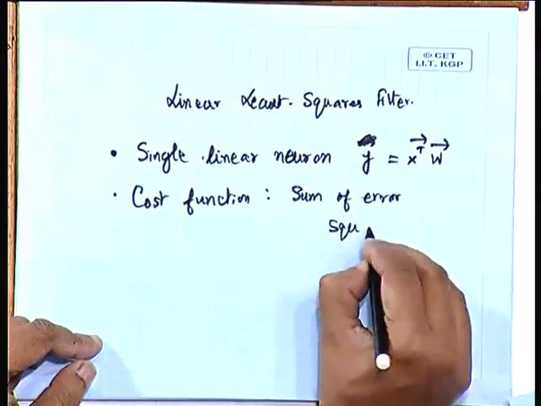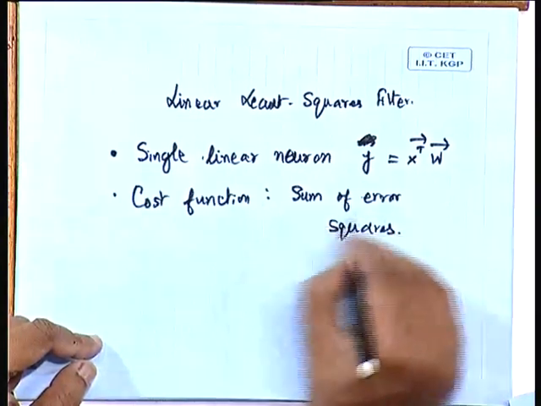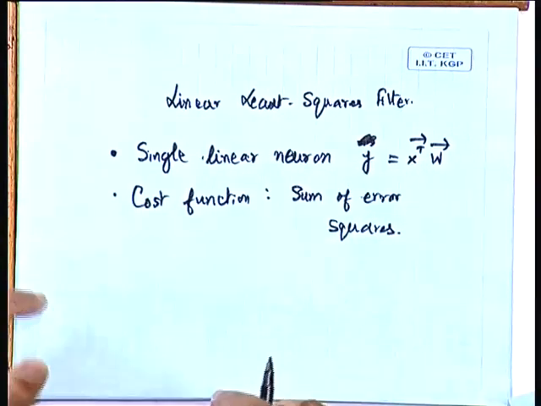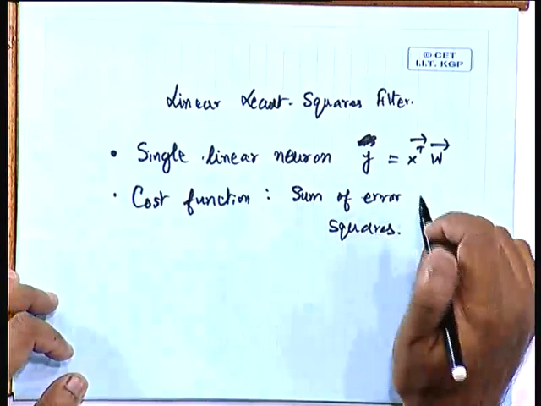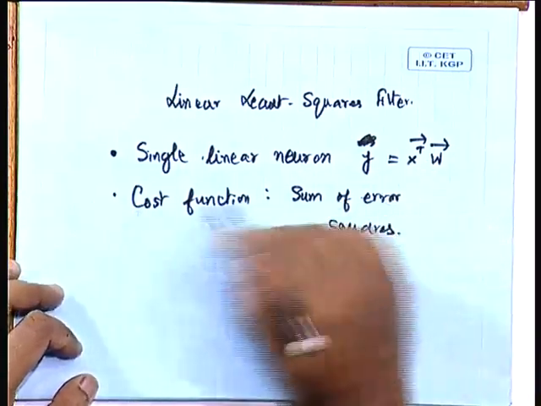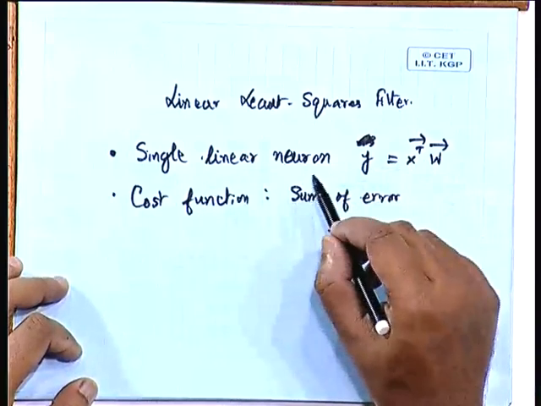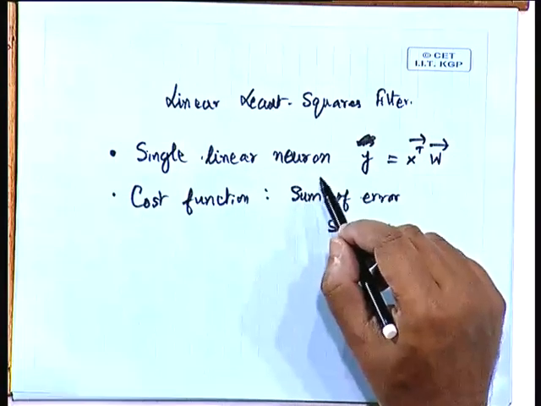Now, we have already taken the sum of error squares in our Gauss-Newton approach discussion, but we did not use any single linear neuron there, because we were only considering the cost function optimization approach. Earlier our emphasis was only on the cost function optimization.